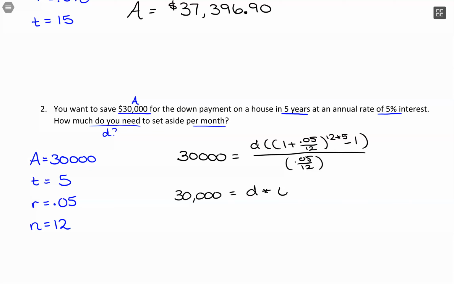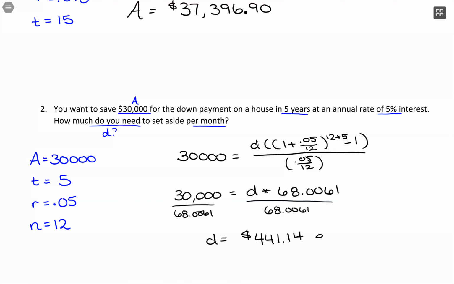It should be about 68.0061, but try using the calculator for that exact value. And if we divide by that amount on both sides, then we should get a deposit of $441.14 each month.